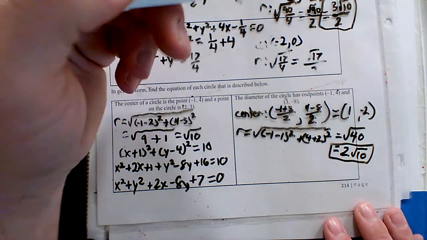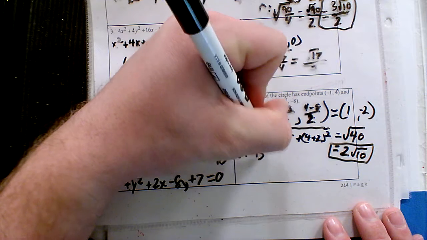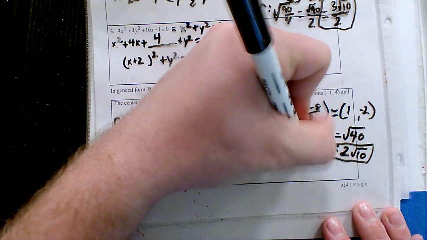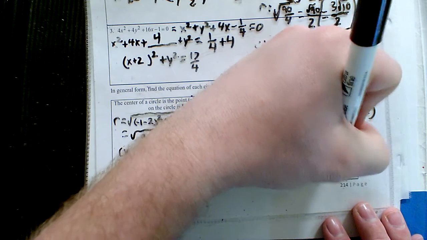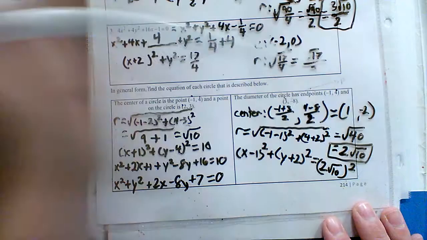So I have a center and I have a radius. Now I can plug into the formula. X minus 1 squared, y plus 2 squared equals 2 square roots of 10 squared.